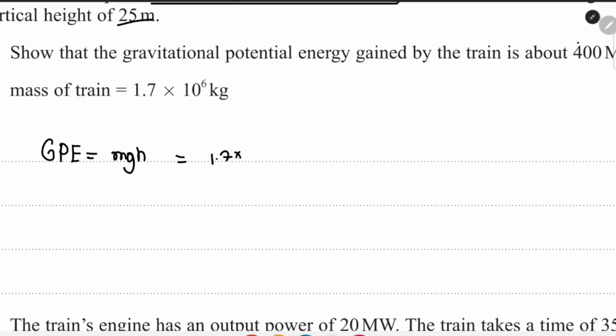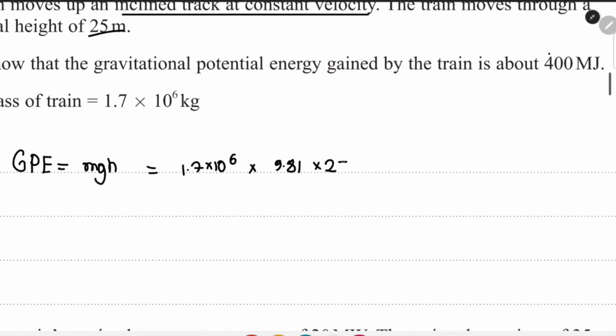The mass is 1.7 into 10 to the power 6, g is 9.81, and the height you gain is 25. If you calculate this, you'll get 4.17 into 10 to the power 8 joules, or about 417 megajoules.